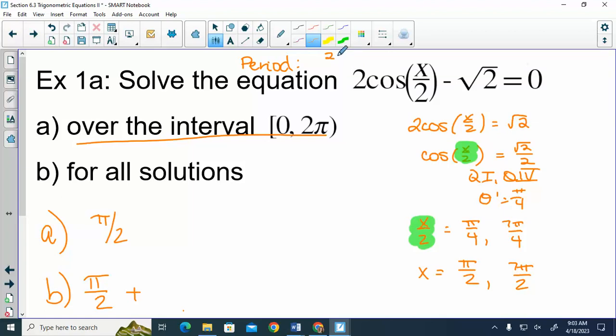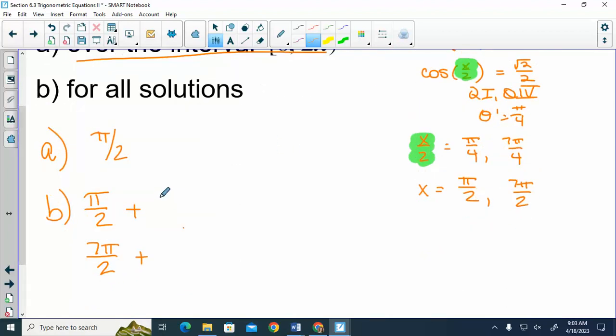Period is 2 pi divided by the coefficient of x, which is 4 pi. So before this one repeats, it will have to travel 4 pi. So we're going to add 4 pi k, where k is an integer.